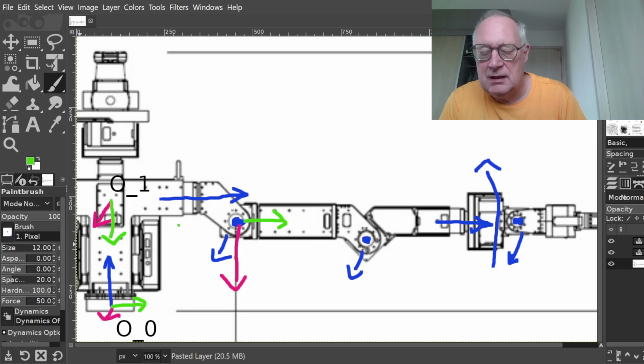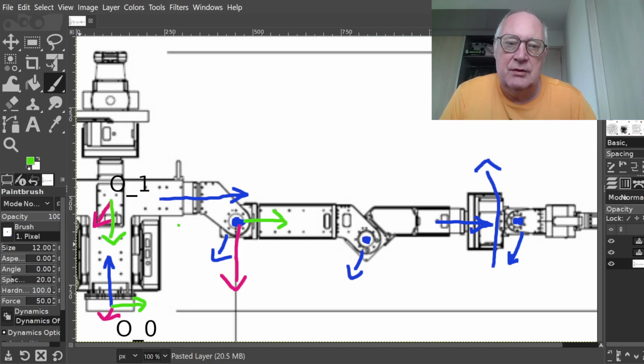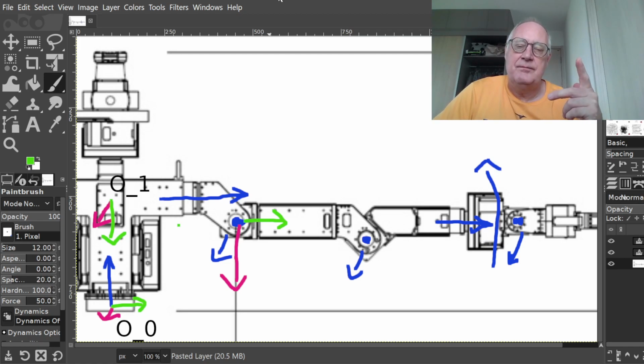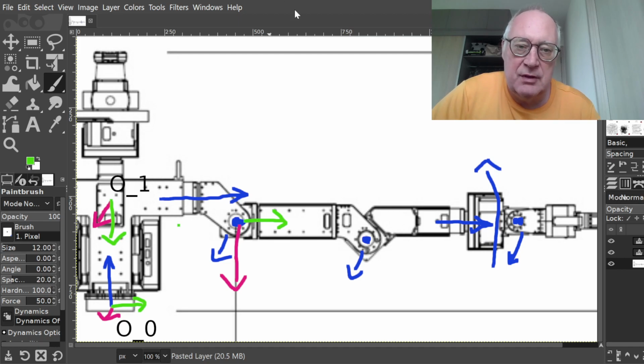And alpha 2. Now, I have that Z pointing this way, so Z is X to Y, so this would be Y to Z is positive.